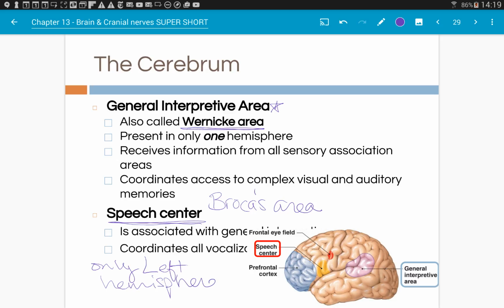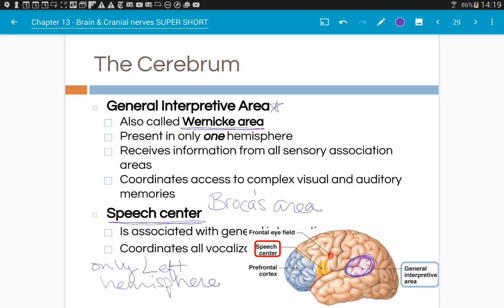Which is another thing. We said that different regions, even though they may look alike, may not have the exact same function. So Wernicke's area is here, this lovely purple area. Kind of looks like you have a little junction between your temporal lobe, parietal, and maybe a tiny bit of occipital.